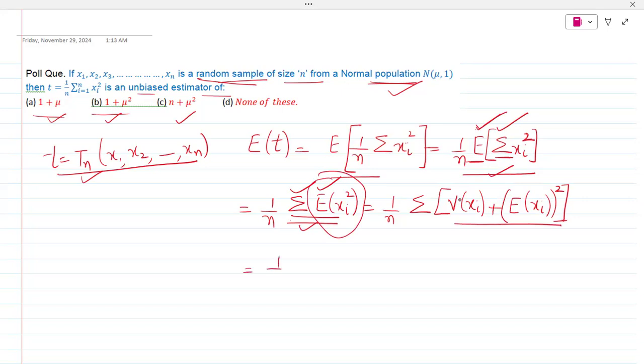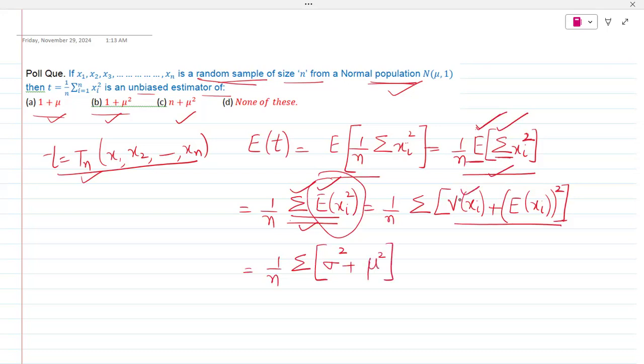And now this is 1 by n. And this is, so this is now sigma square plus mu square.